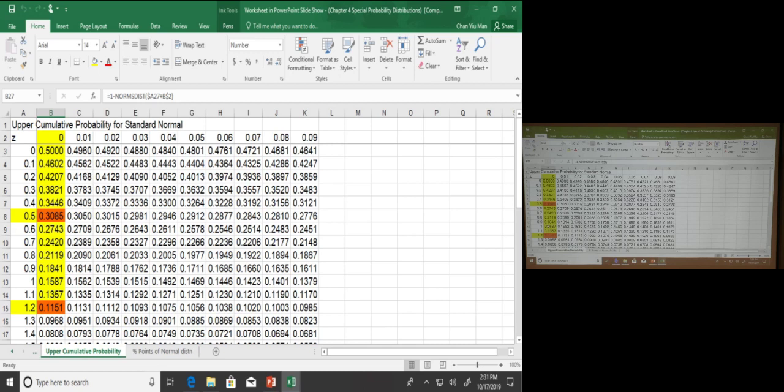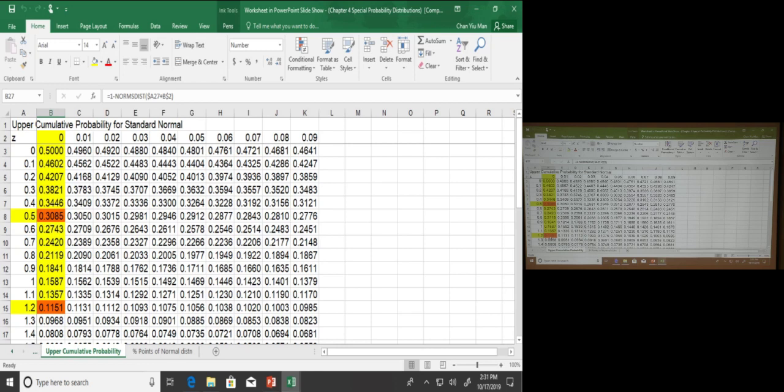All right? How about greater than 0.5? 0.5 here, so it's 0.50, so it's this number, 0.3085. So this is 1.2. Then how about the probability of a standard normal greater than 1.23?